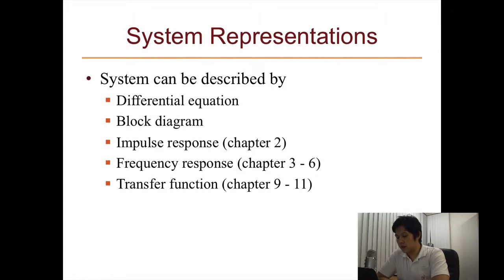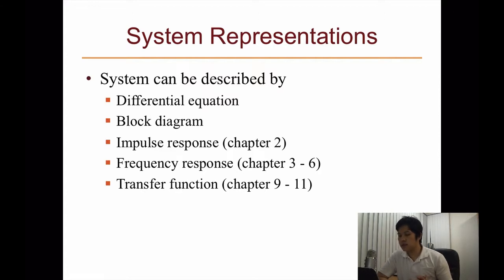We can represent them in mathematics. We can represent them in graphical illustrations like in block diagram. And there are types of mathematics that we can use to describe systems. We can represent systems using differential equation as in classical methods. We can represent them as block diagram to represent the configuration of the systems.